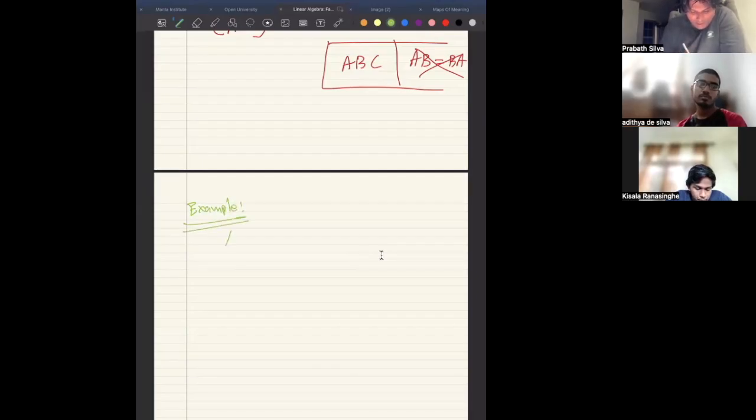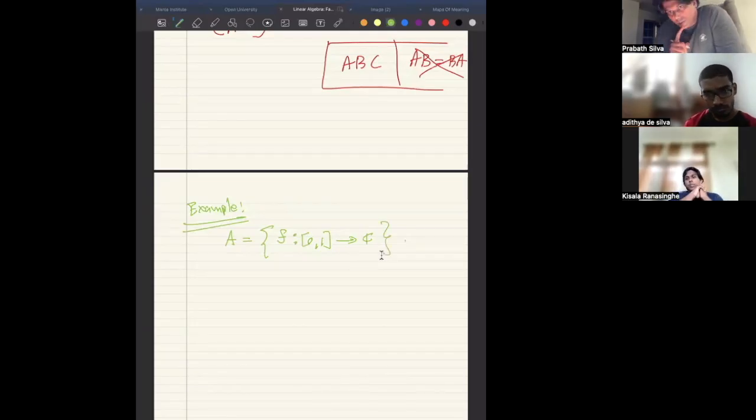Let's consider this set A, which is functions from the 0, 1 interval into complex numbers. The 0, 1 interval is just the set with the two elements 0 and 1.